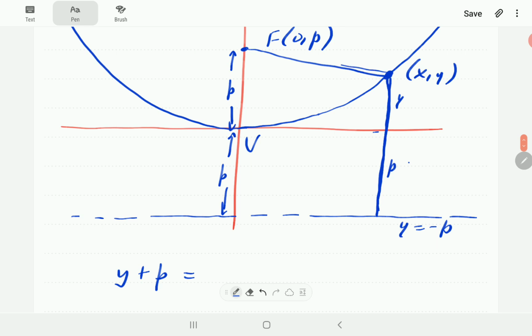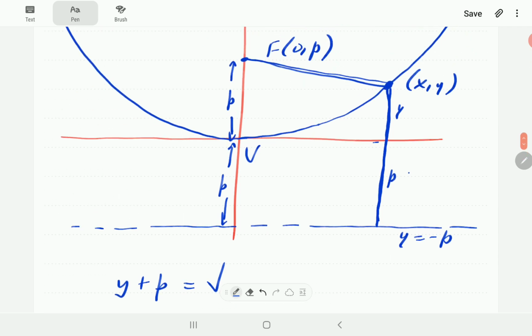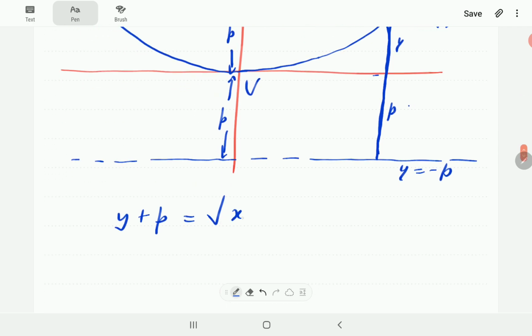Then the distance from (0, p) to (x, y) is going to be the square root of (x minus 0) squared, which is x squared, plus (y minus p) squared.